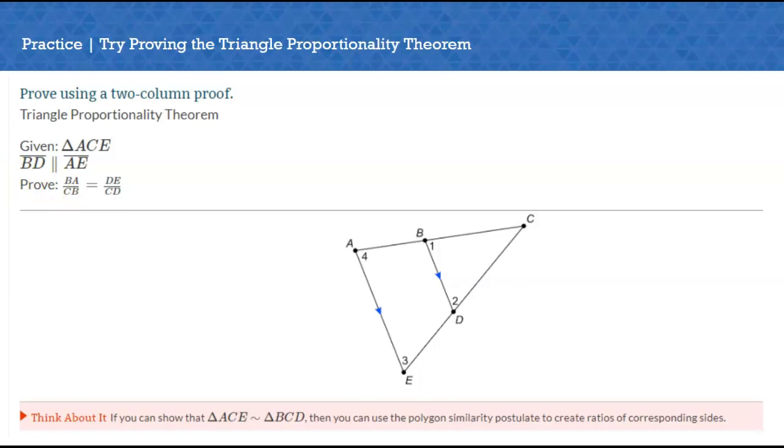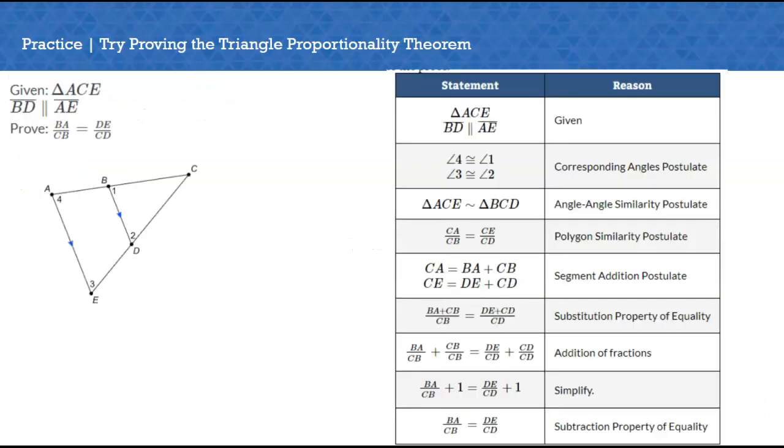So we're going to go ahead and throw up this two-column proof here. Notice that you've got the statement and you've got the reasons. Okay, so what we can do is we put in here what is given, and then we walk through how to prove that it's proportional.